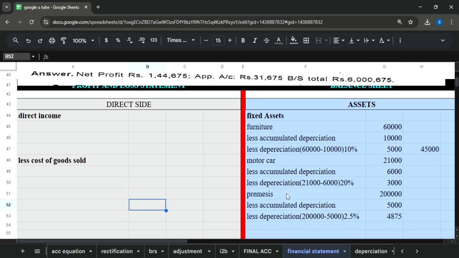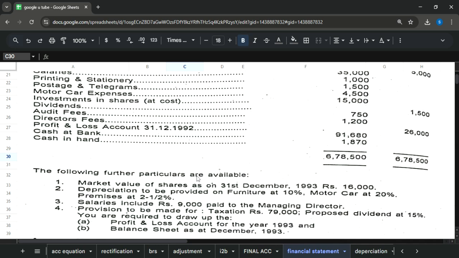Once again, value of asset, then you will subtract its previous depreciation, 2 lakh minus 5,000 previous depreciation, and then you will apply the rate of depreciation. In this way, this second adjustment which had 3 depreciations is now recorded. They had dual effects and all effects related to depreciation have been completed.